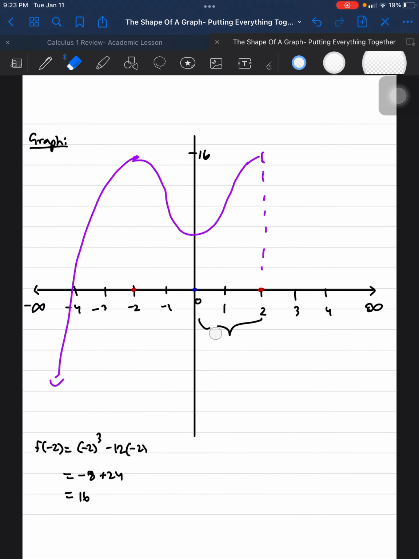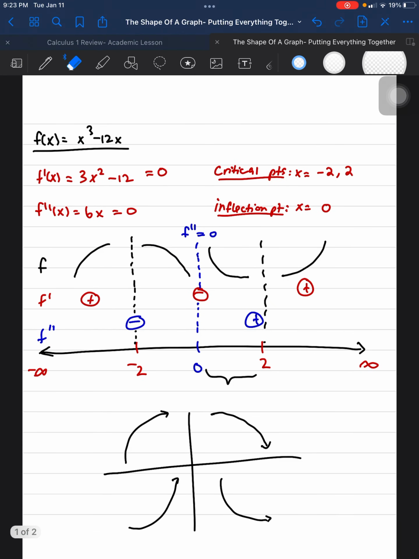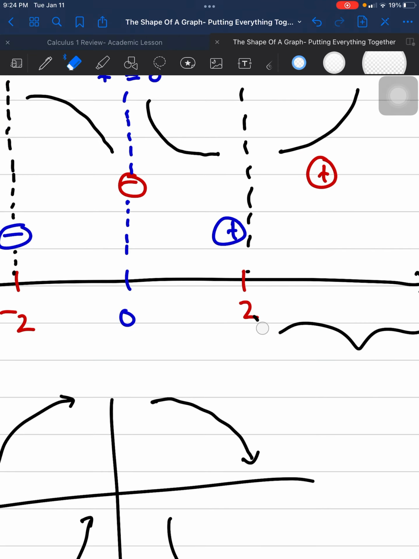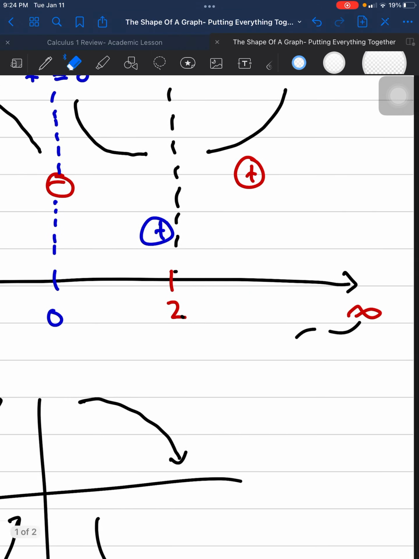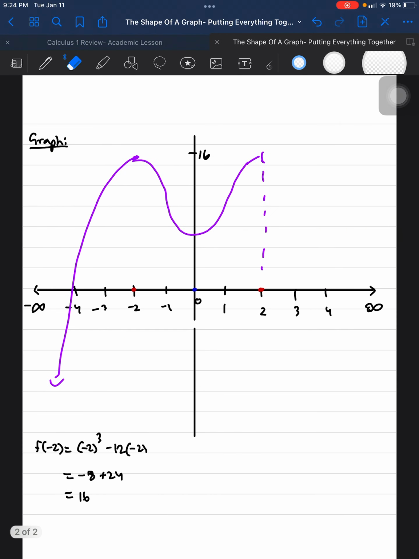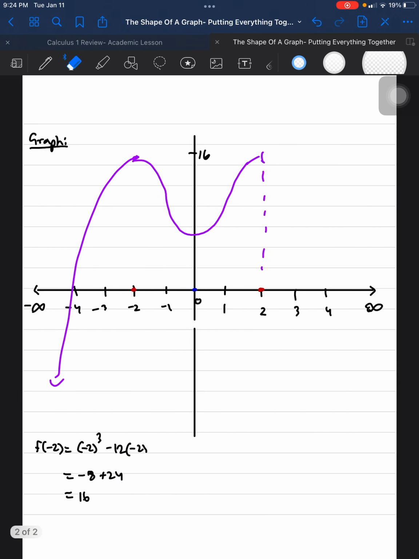Now, moving on to the next subregion, which is in between 2 and infinity. In between 2 and infinity, we determined that the function is going to be concave up, and it's going to be increasing.